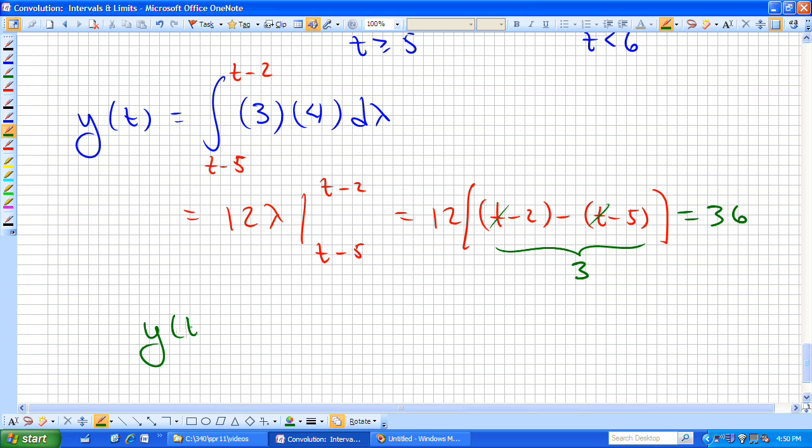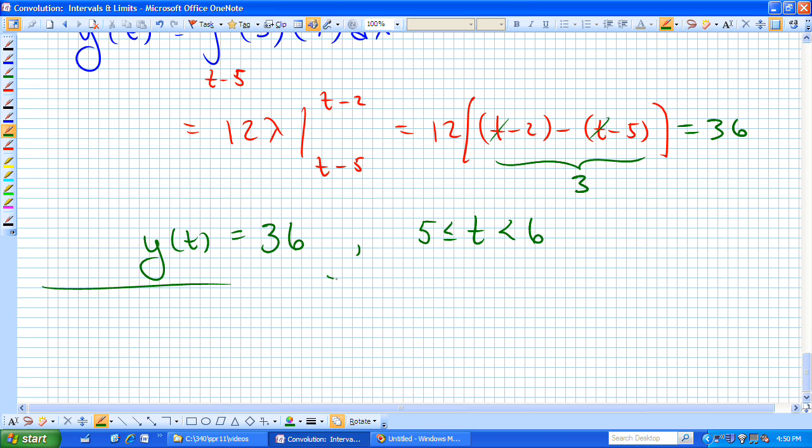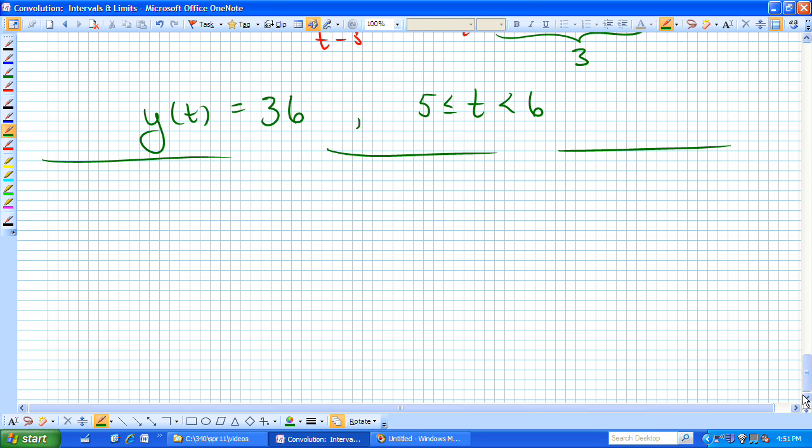Y of t is now constant and equal to 36 over the interval when t exceeds 5 and remains less than 6. And again, 5 and 6 are not the same as t minus 5 and t minus 2. So our interval is not the same as our limit on our integral.